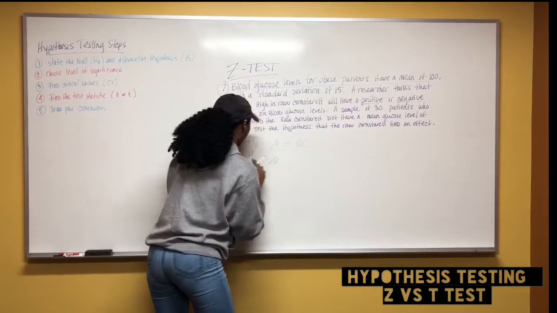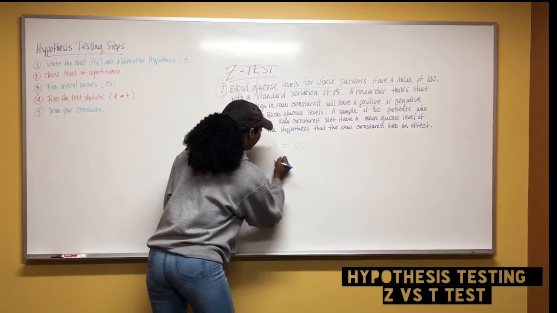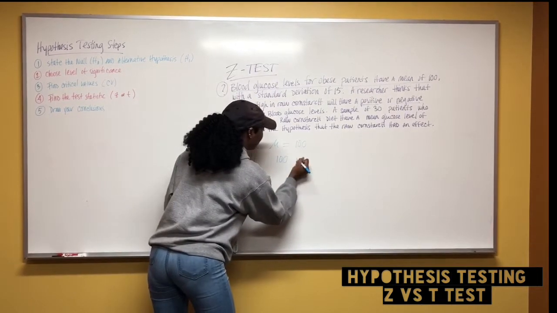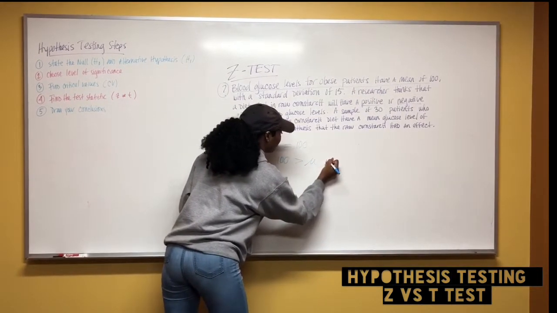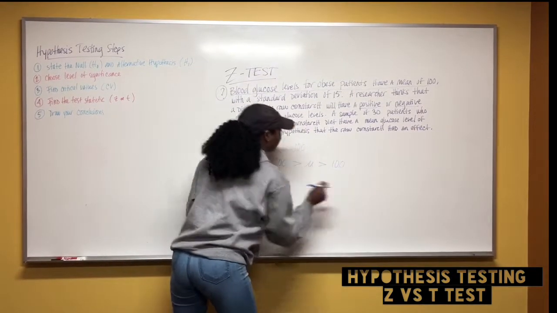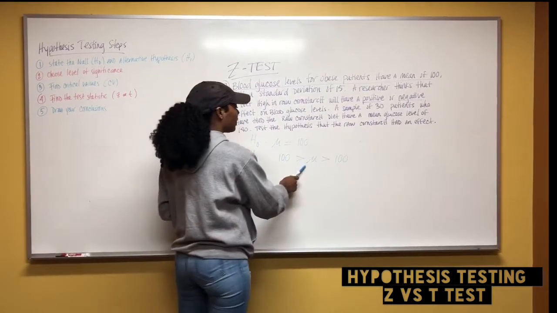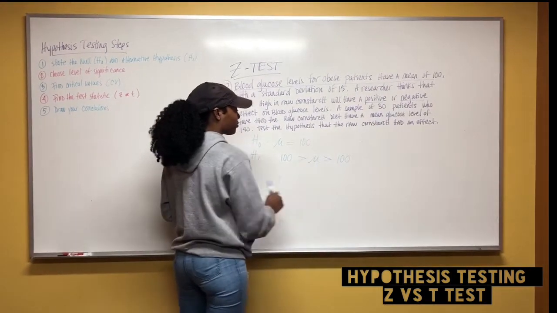Let me write it out like this: I'll put 100 and then mu in between. So mu is either less than 100 or greater than 100.